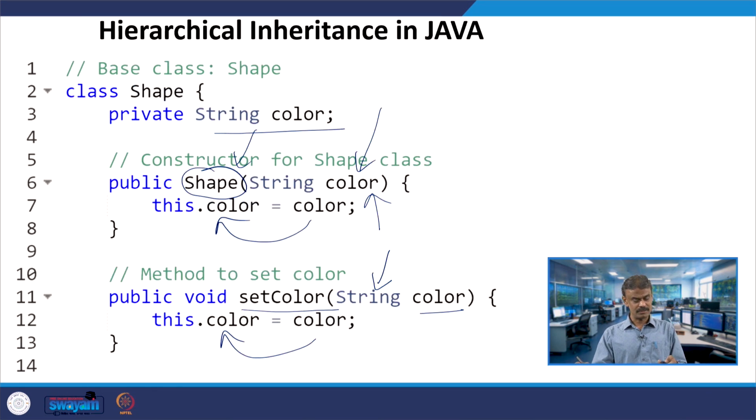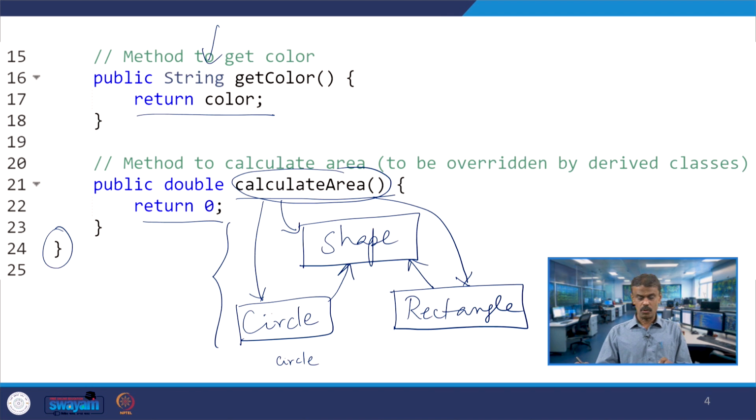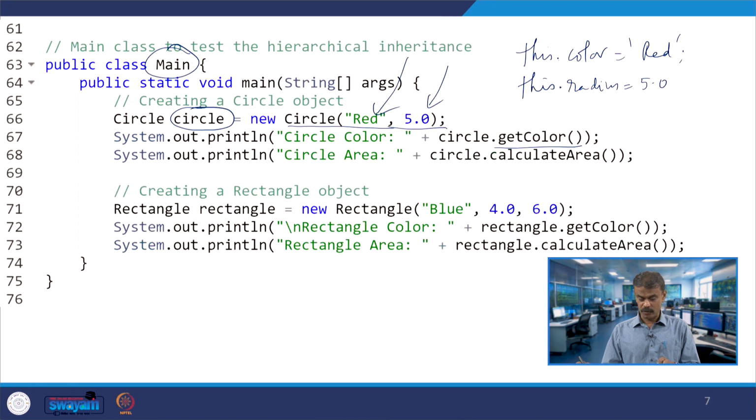So what is color? You have already saved this dot color is color, right. So here you go, return color, so color is red. For this particular output I should get red. And the next one, circle dot calculate area, right.